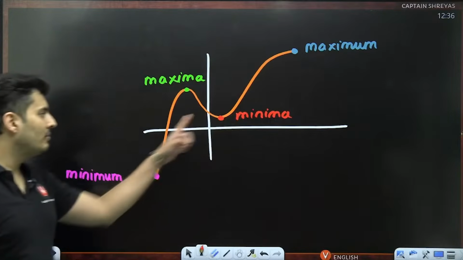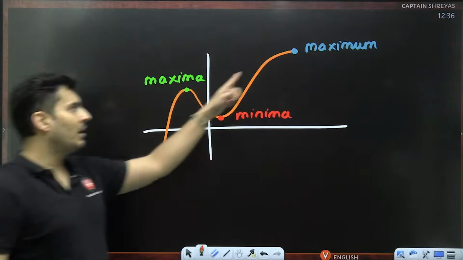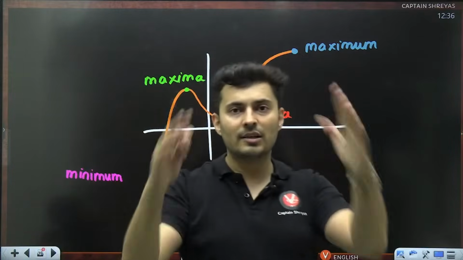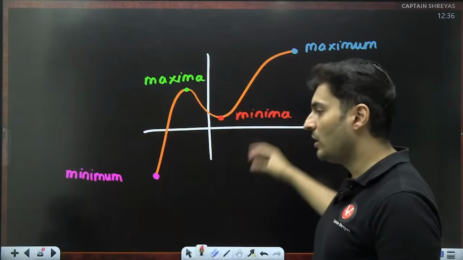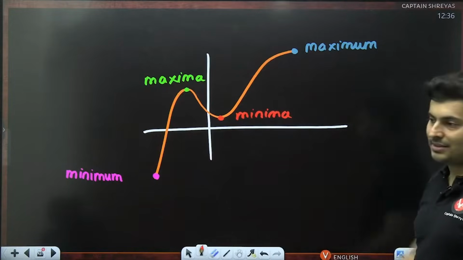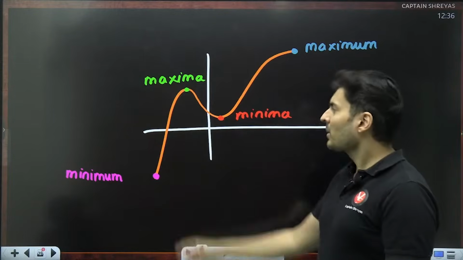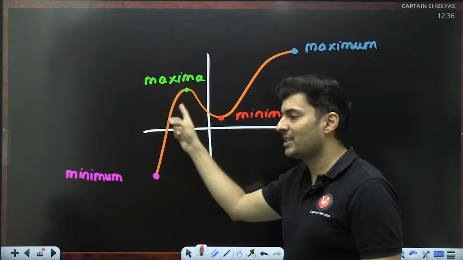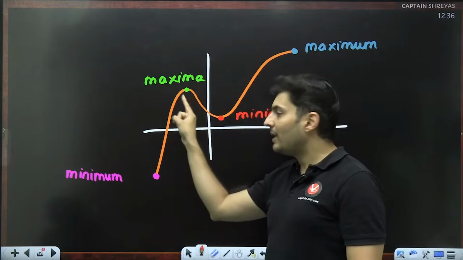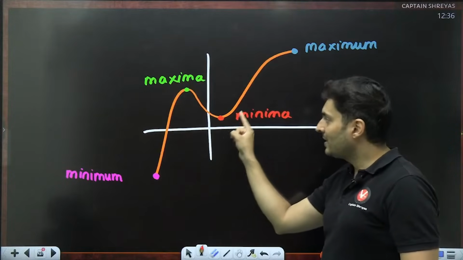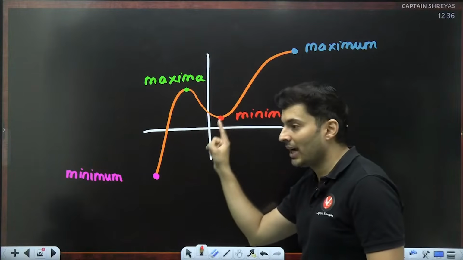So minima may not be minimum, maxima may not be maximum. Please get it very straight in your head. A lot of people think these two are the same, but clearly over here I've shown you the distinction. Think of maxima as the maximum value in this locality. Think of minima as the least value in this locality.